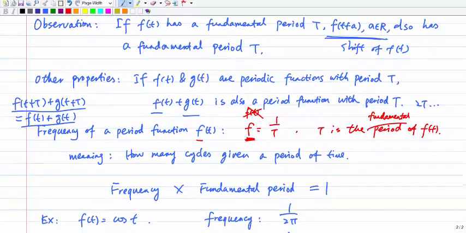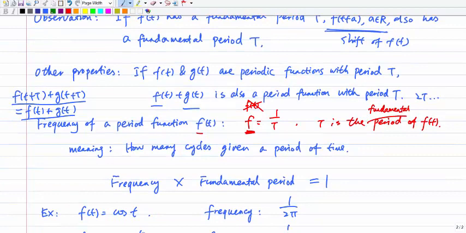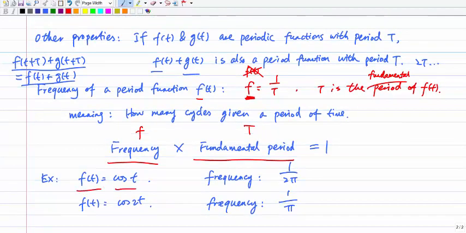One property we can state is that the frequency f times the fundamental period T is 1, because the number of cycles is inversely proportional to the fundamental period. For example, if f(t) is cosine t, the frequency is 1 over 2 pi, because the fundamental period is 2 pi.